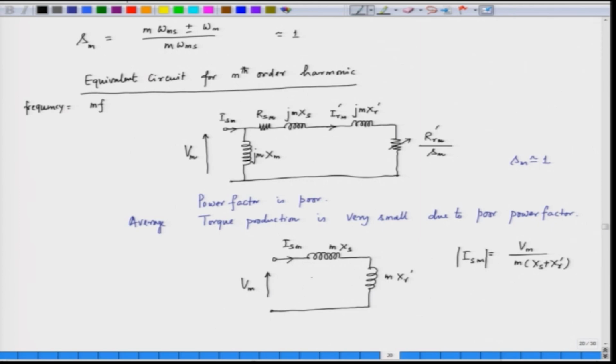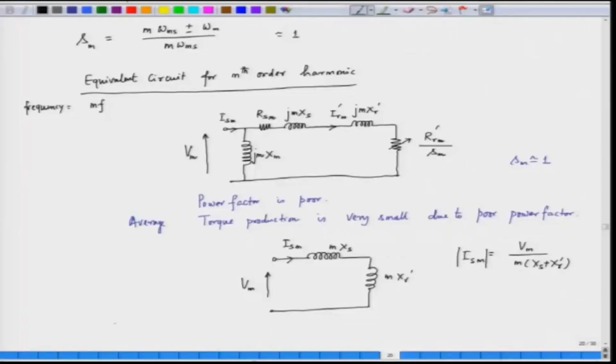So, what is the effect of the harmonics? The effect of the harmonics is to increase the losses of the system. In addition to that, there will be torque pulsation, because we have various rotating fields. These rotating fields will interact with each other to produce pulsating torque. So, the effect of this is increased losses in the motor and pulsating torque.